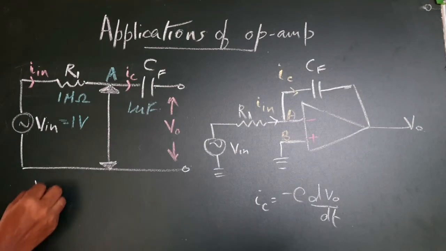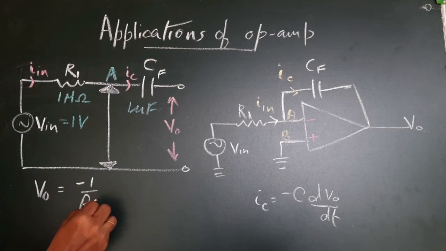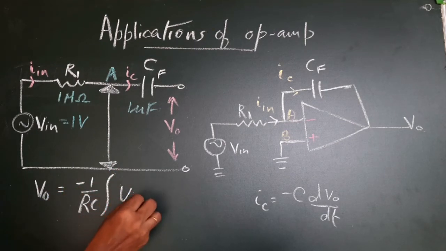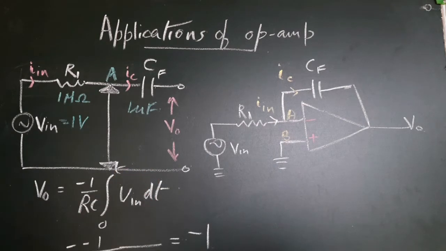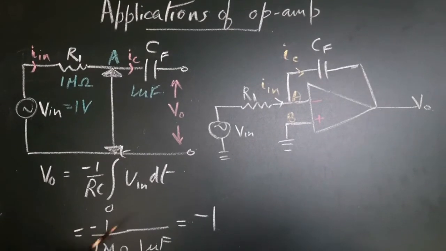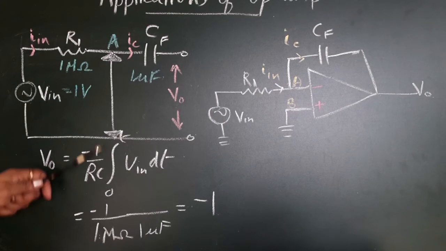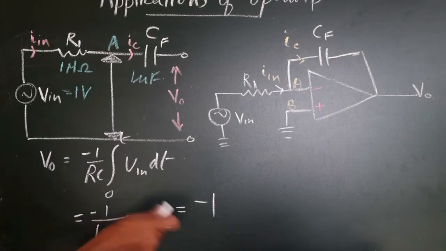We have the equation V out is equal to minus 1 by RC integral V in dt. So let us substitute the values. R is 1 megaohm, C is 1 microfarad. So V out would be minus, the constant value or scale factor would be minus 1 from this.